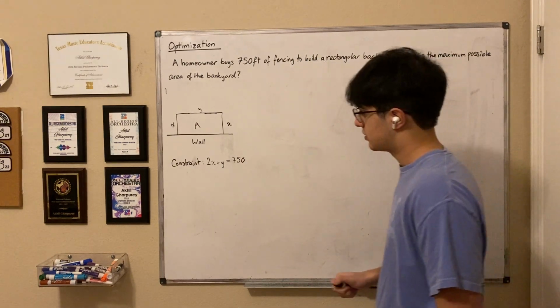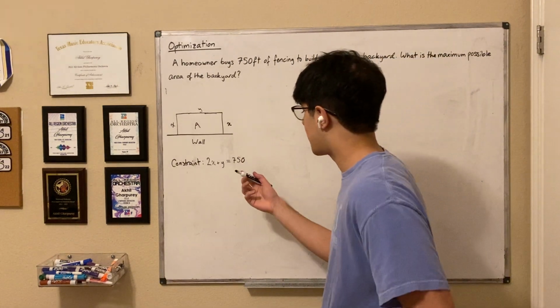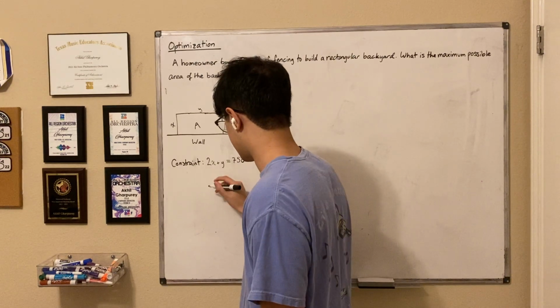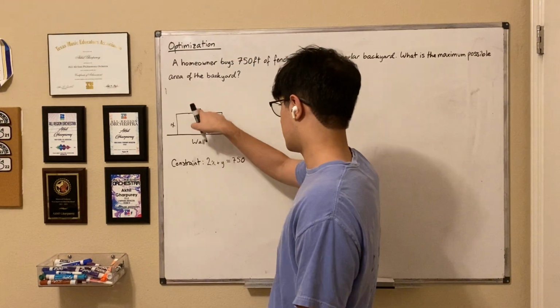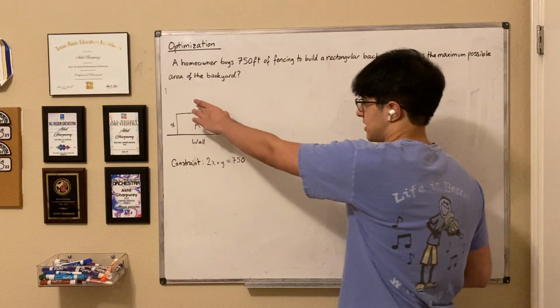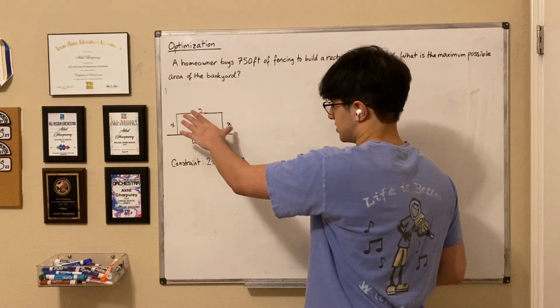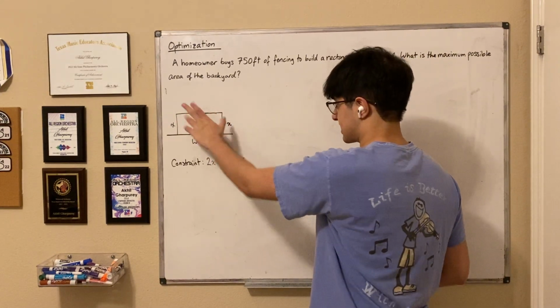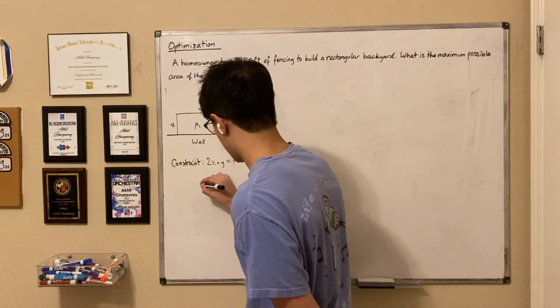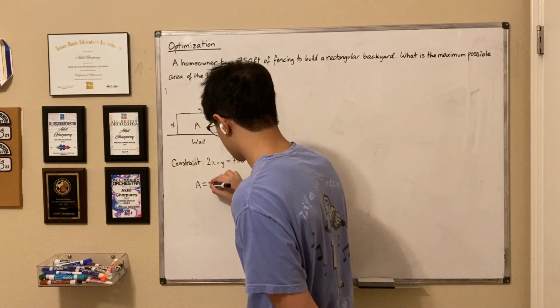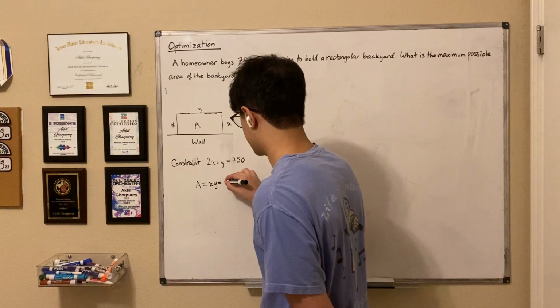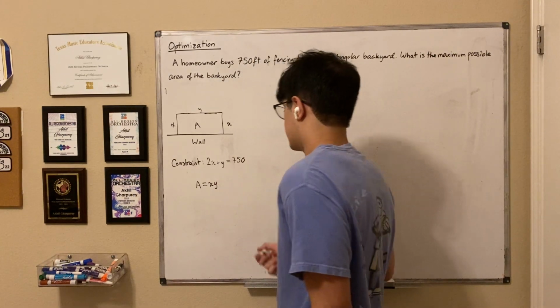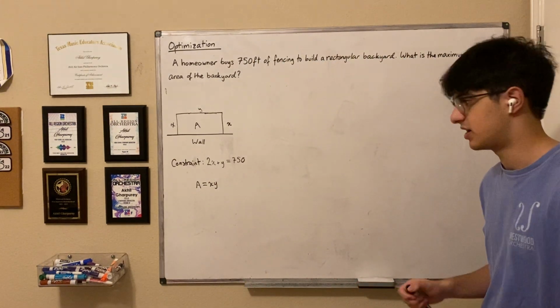All right? So here's the equation we need to optimize. The area of this, which we can calculate as length times width, which is x times y. So the area is equal to xy, which is equal to, we don't know what it's equal to. We're trying to figure out the maximum possible quantity.